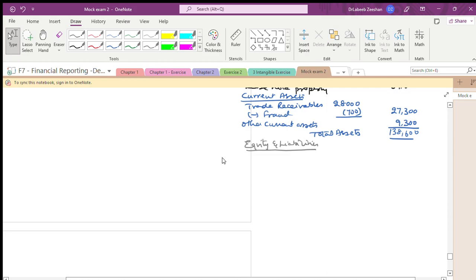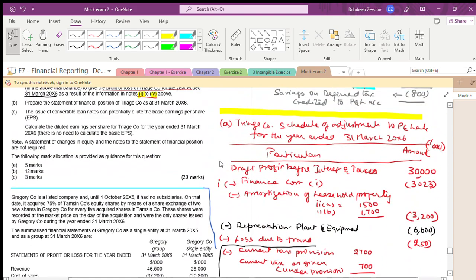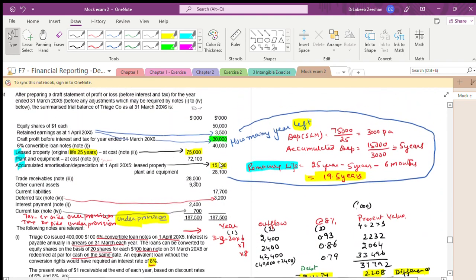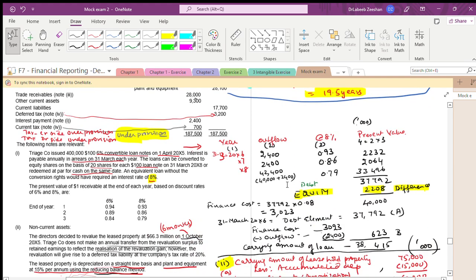Equity. How much is the equity share capital? Equity share capital is 50,000. And other equity is how much? 2,208. This one you have to take as other equity.